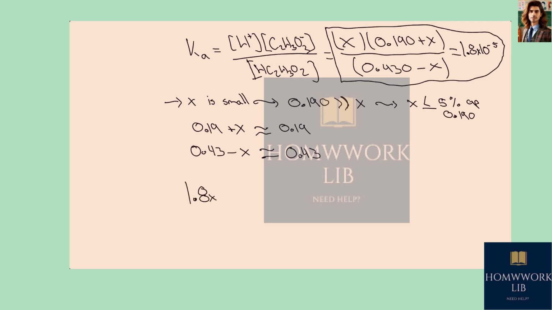So we can replace those directly in our expression for Ka. So we have 1.8 times 10 to the minus 5. On the upper side, we're going to have 0.19 times X divided by 0.43.